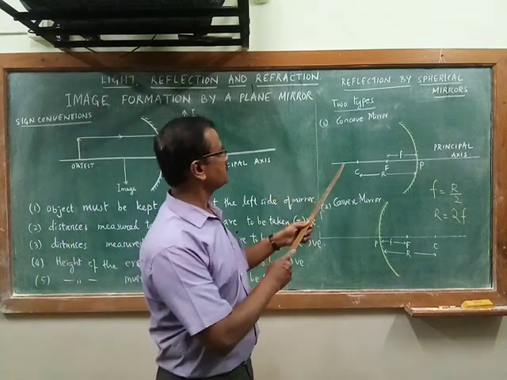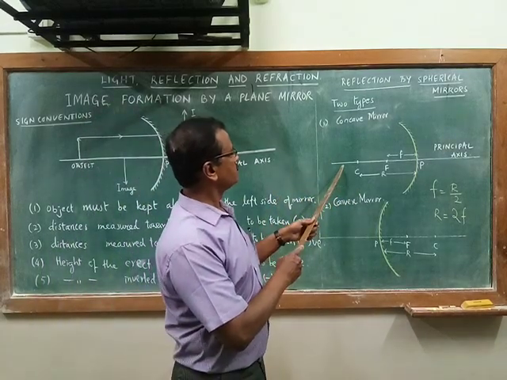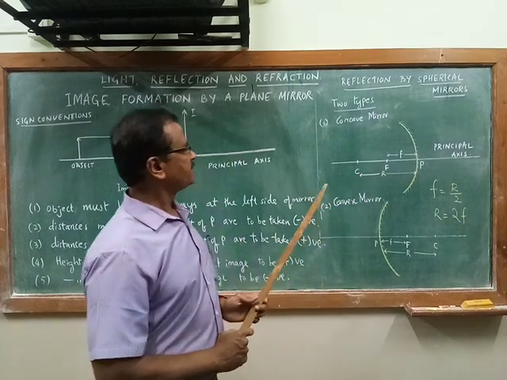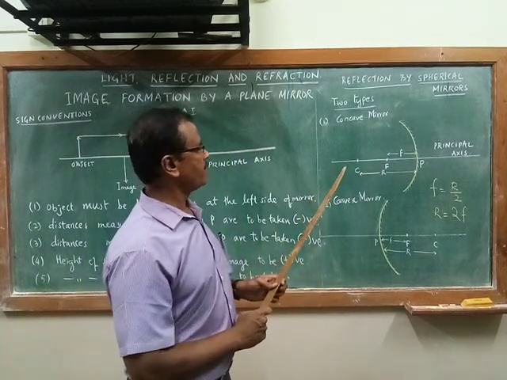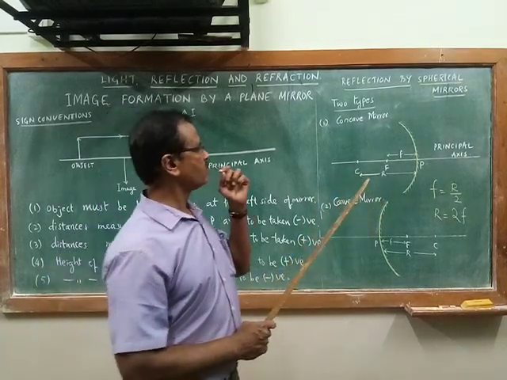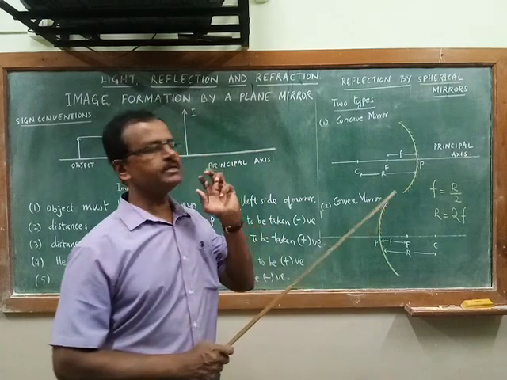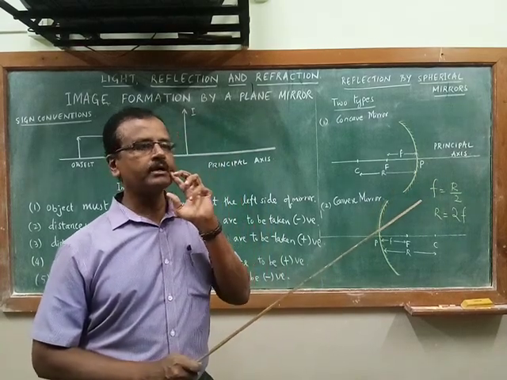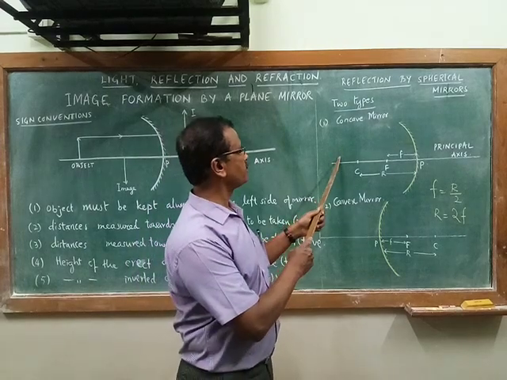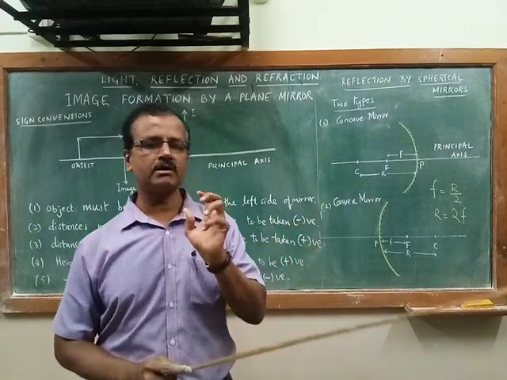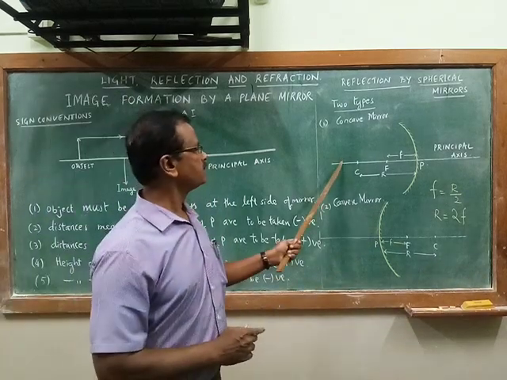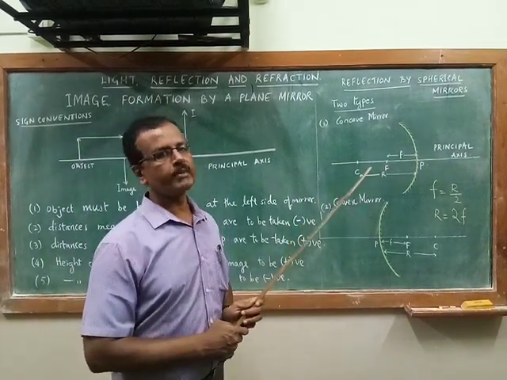It is also used by dentists to see the images of the teeth inside the mouth. Dentists use the concave mirror to see the enlarged image of a cavity inside the mouth. So these are the important uses of the concave mirror.